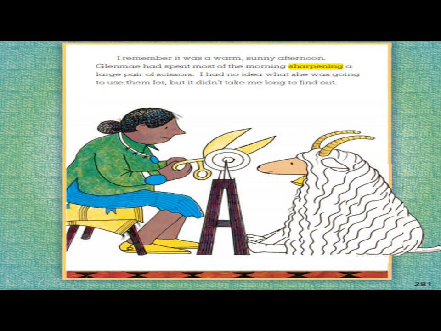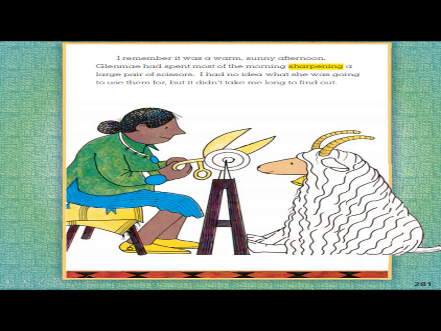Oh my god, the goat is looking at a huge pair of scissors. Can you predict what will happen? "I remember it was a warm, sunny afternoon. Glen May had spent most of the morning sharpening a large pair of scissors. I had no idea what she was going to use them for.